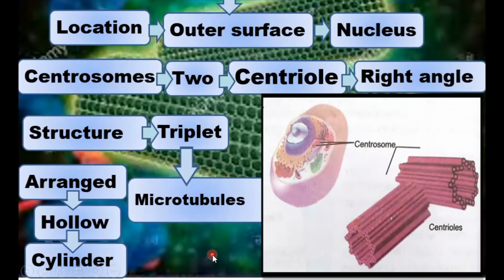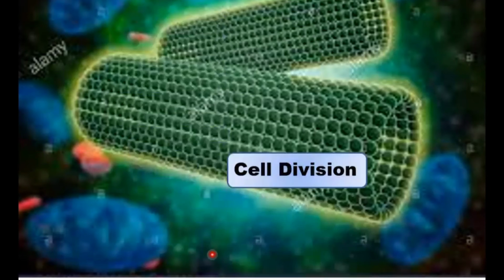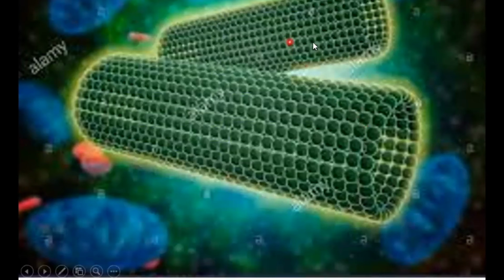Now we will discuss the function of the centriole, that is, what kind of function it is performing inside the cell. Its main function is that it is involved in cell division. And we know that cell division is the process by which the parent cell divides into two daughter cells.